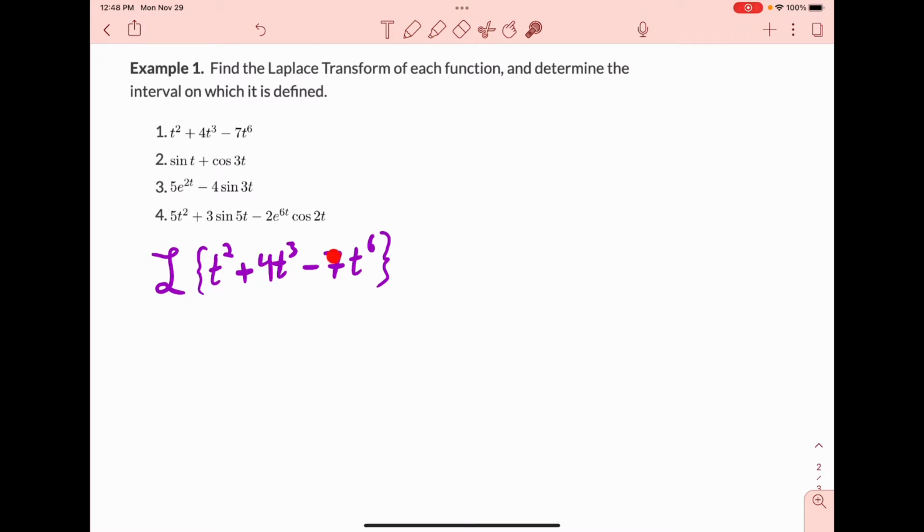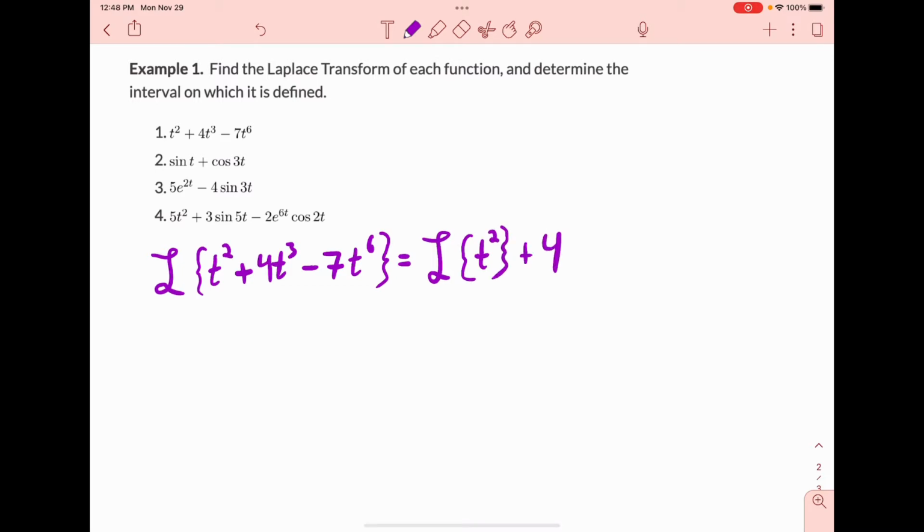And if those terms have a constant in the front, you can put that constant in front of the Laplace transform. So it looks something like this. We're just going to call this splitting it up: the Laplace transform of the function t squared plus 4 times the Laplace transform of the function t cubed minus 7 times the Laplace transform of t to the power 6.